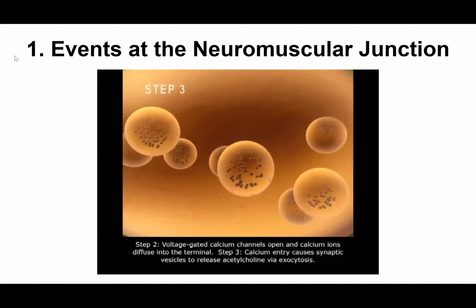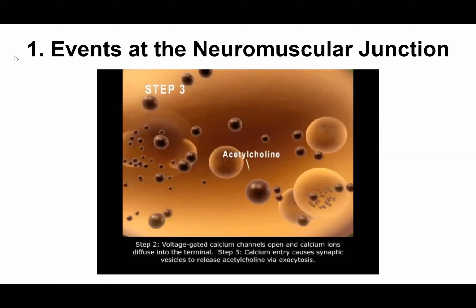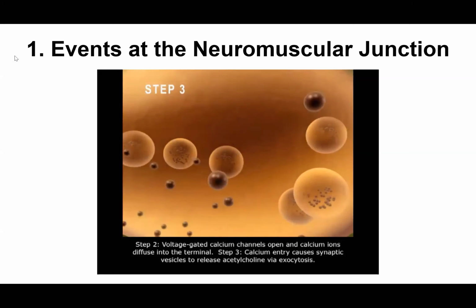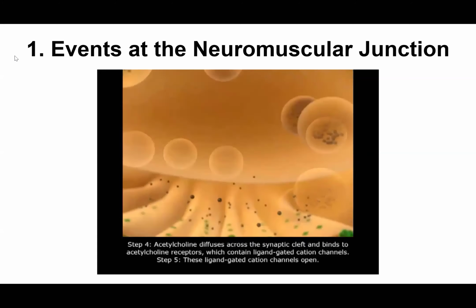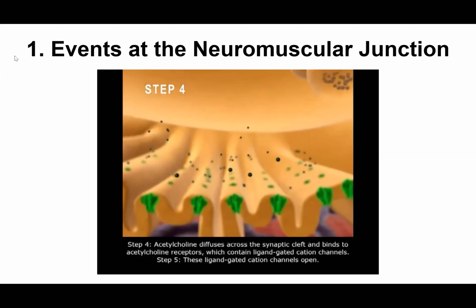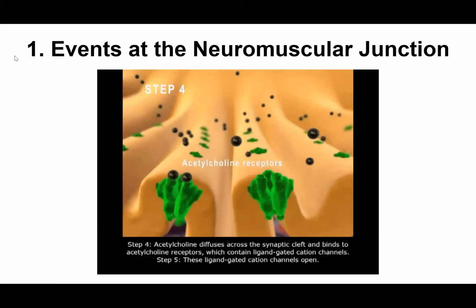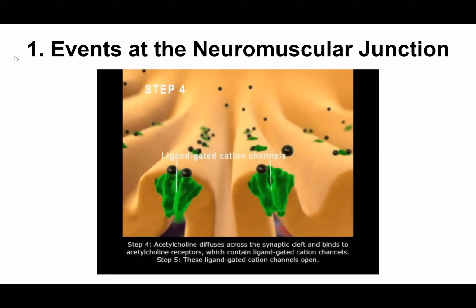Step 3. Calcium entry causes synaptic vesicles to release acetylcholine via exocytosis. Step 4. Acetylcholine diffuses across the synaptic cleft and binds to acetylcholine receptors, which contain ligand-gated cation channels.